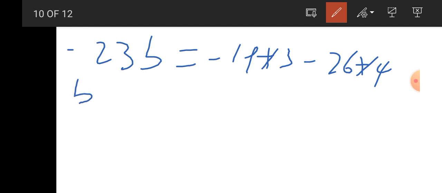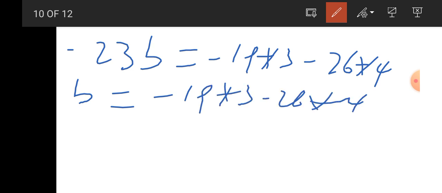So b is equals to minus 19 times 3 minus 26 times 4 over minus 23.